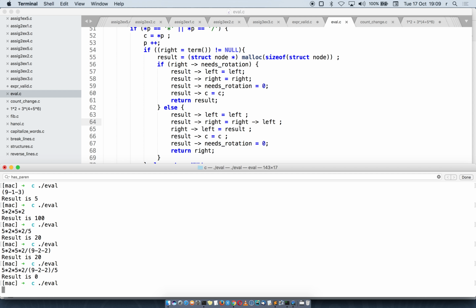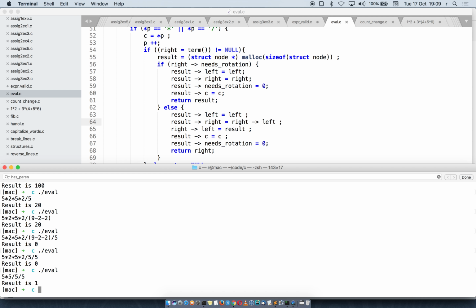And if I just do 5 times 5 divided by 5 divided by 5, now I get 1.